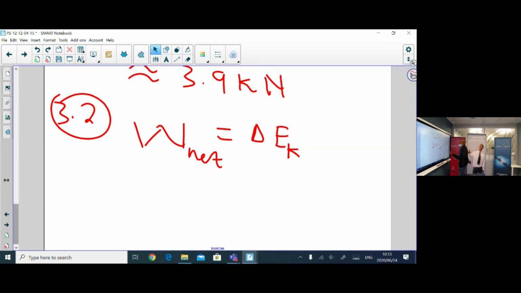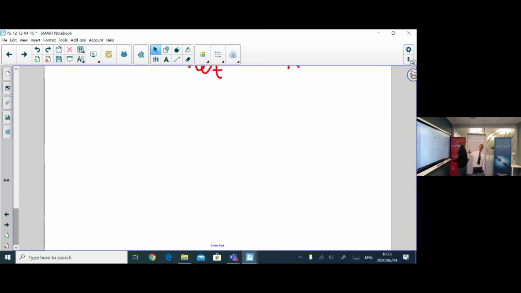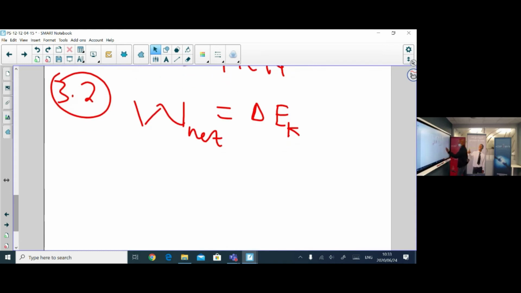Let us find the W net, the work net. What are we expecting here? We expect the negative because it's where the non-conservative force is acting.